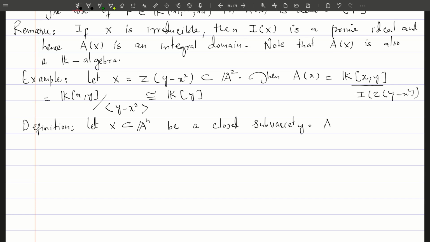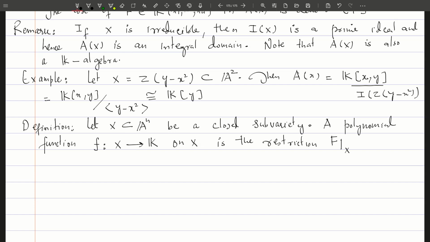A polynomial function, say little f, is a function from X to the underlying field K, given by the restriction to X of a polynomial F in the polynomial ring in n variables.